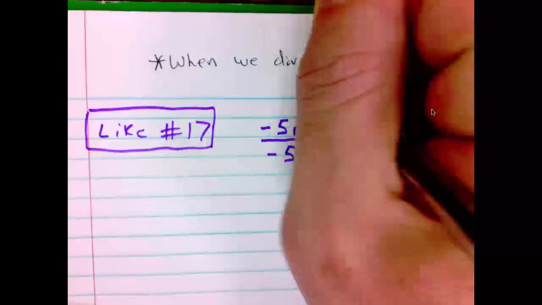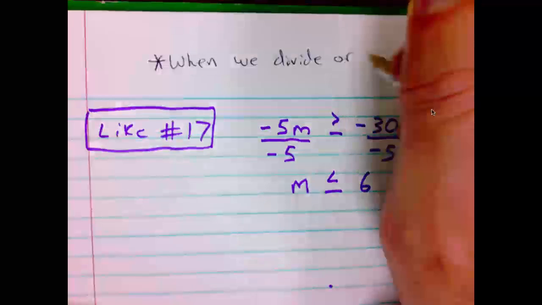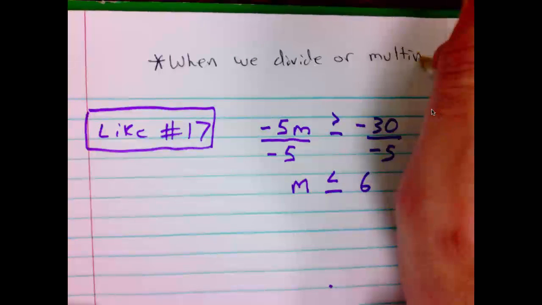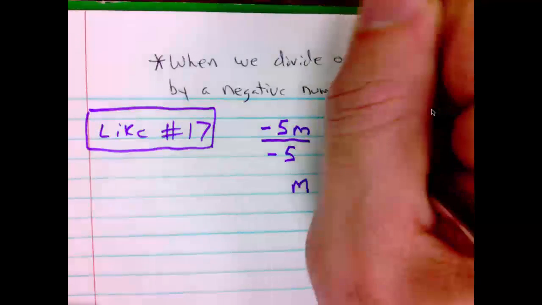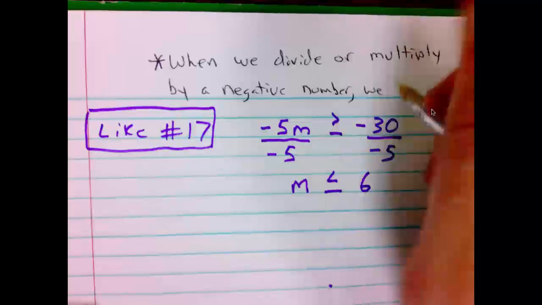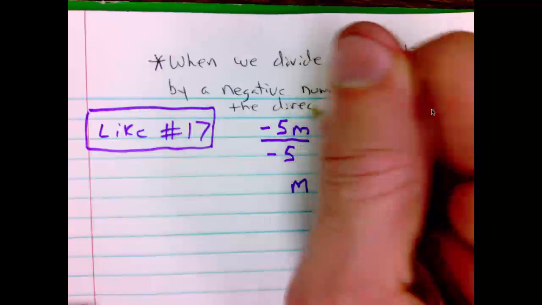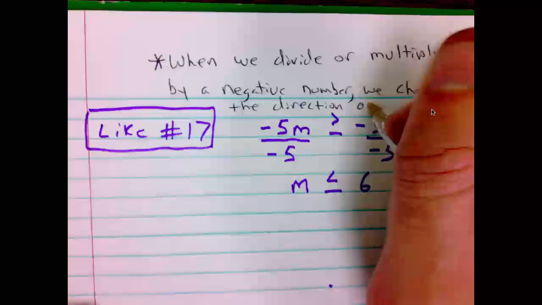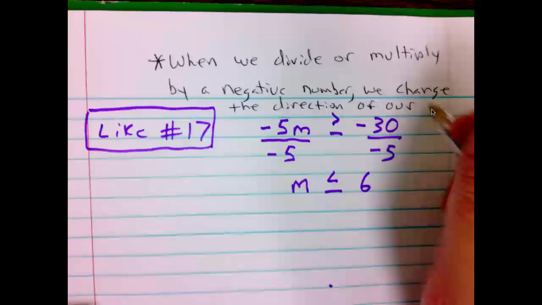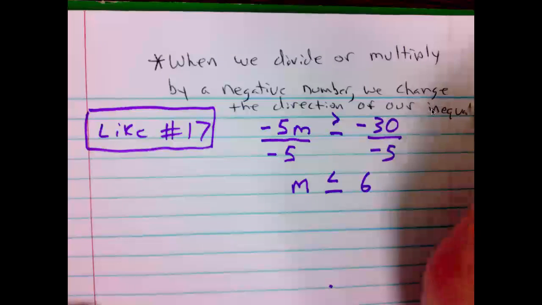When we divide or multiply by a negative number, we change the direction of our inequality.